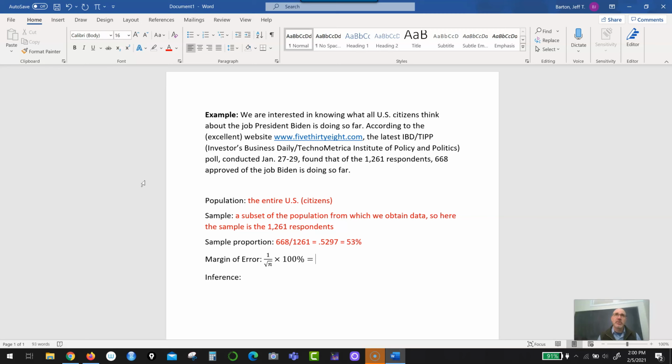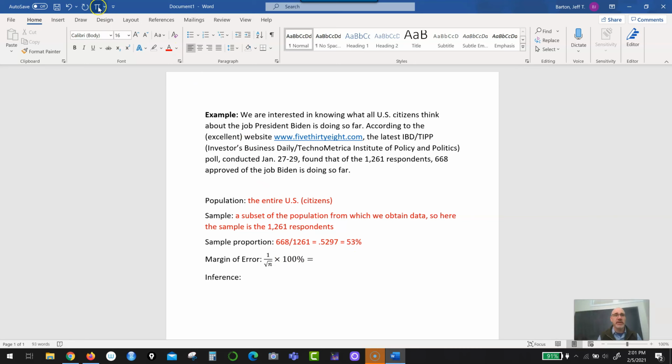So it's always important, along with a result like 53% approve of the job Biden is doing, to give some indication of how much we would expect that to vary from the actual proportion in the whole population. So that percentage is called the margin of error, and the formula we have here is for proportions, and it's a rough approximation. We'll actually do better later in the term.